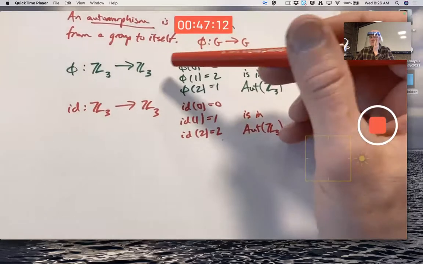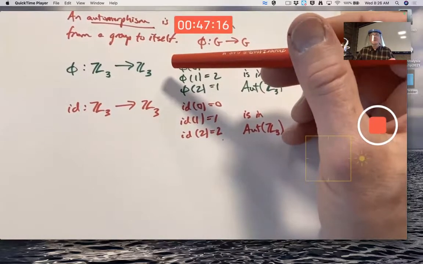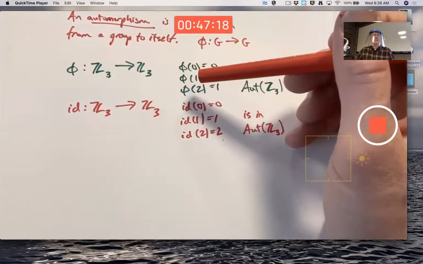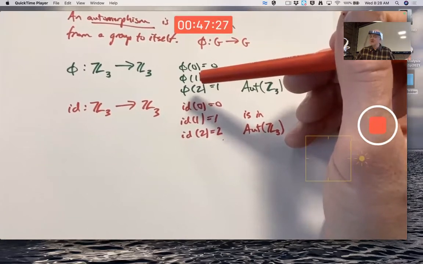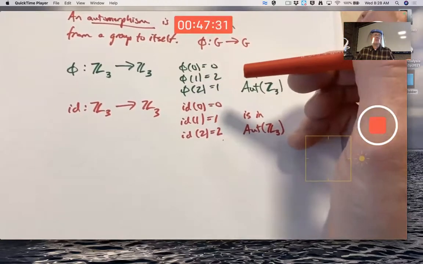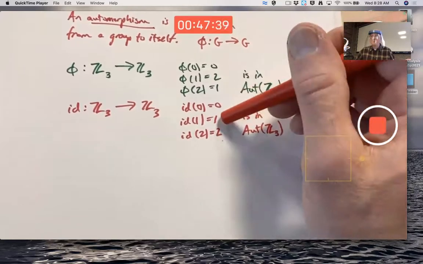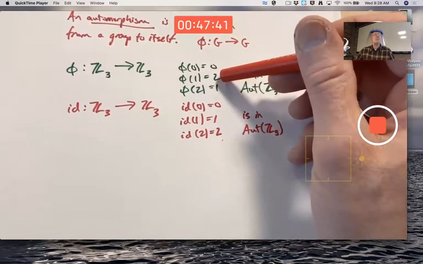Any isomorphism from Z3 to itself, in other words, any automorphism of Z3, has to map a generator of Z3 to another generator of Z3, because it's got to preserve orders. So whatever 1 gets mapped to, it's got to be mapped to a generator of Z3. Well, the generators of Z3 are 1 and 2. So don't map it to 0, map it to 1 or 2. ID maps it to 1, and this phi here maps it to 2.